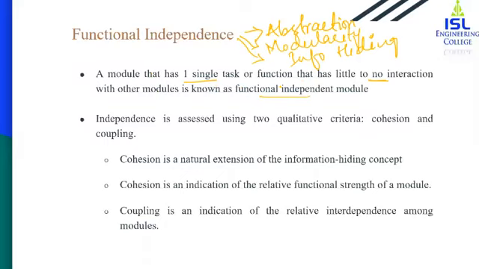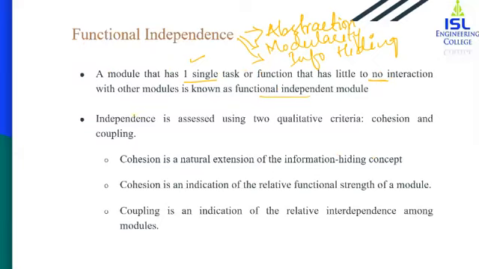That particular person is functionally independent. He can work on his own. Based upon that assignment, everyone is going to copy it. So the first person doing the assignment is functionally independent. A module that has one single task or function might have little interaction or completely no interaction. That is called a functionally independent module.